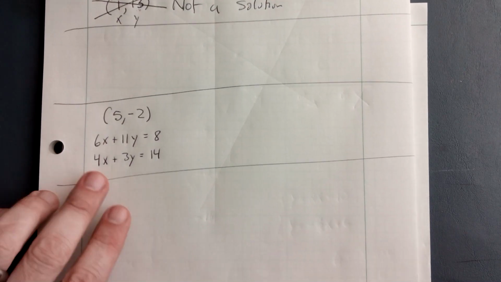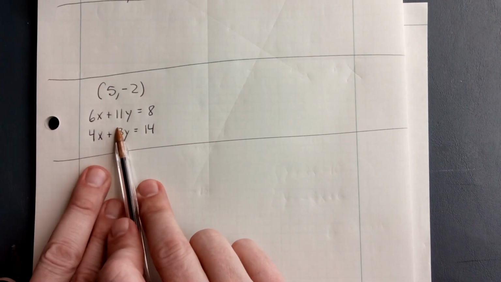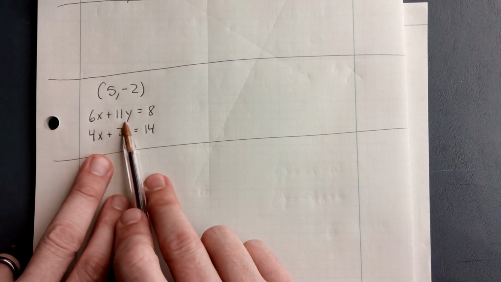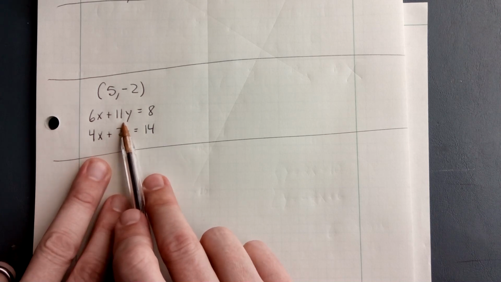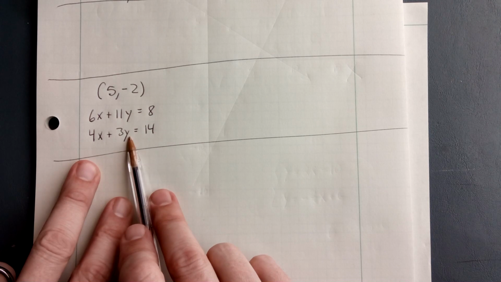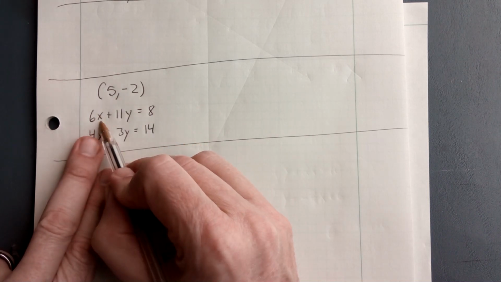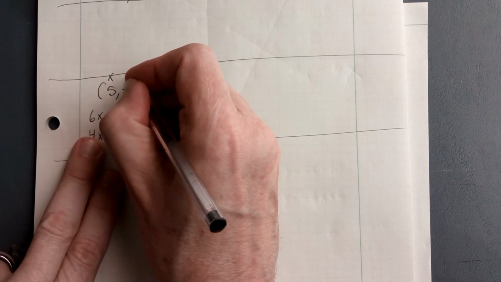Let's do one more. Now, the equations do not necessarily have to be written in y equals mx plus b form, in slope-intercept form. These are still linear equations. But again, I recommend we just replace the x with the x value. Remember, the first value is x, the second value is y.